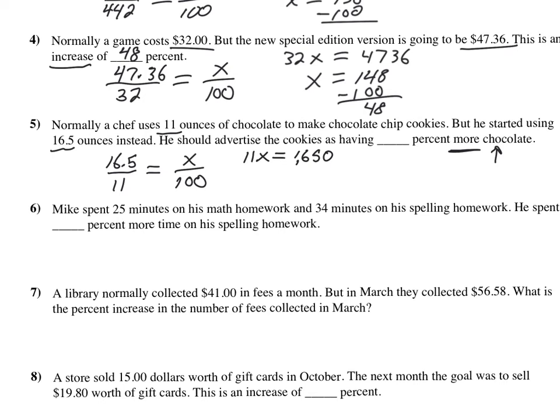So then I take 1650 and divide by 11. 1650 divided by 11 is equal to 150. Now that's how much 16.5 is of 11, but again we have to subtract the original 100 to find the amount of change. So it has 50% more chocolate.